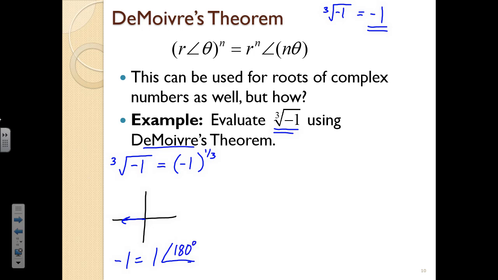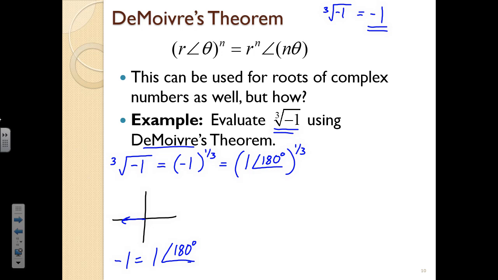And again, we're going to use degrees because it's a little bit easier to see the result here. So that means that the cube root of -1 is the same as, in polar form, 1 at 180 degrees, that's -1, to the 1/3 power, that's the cube root.